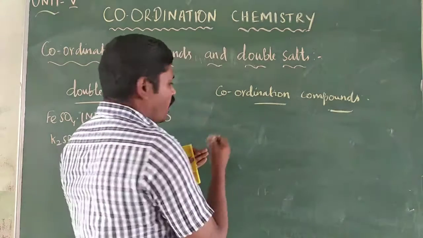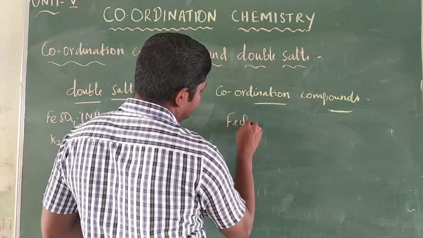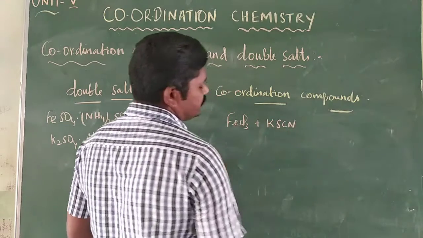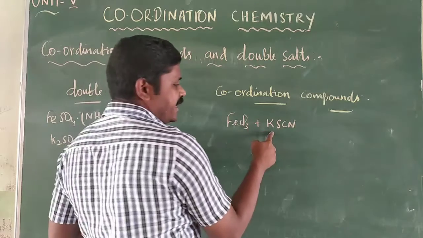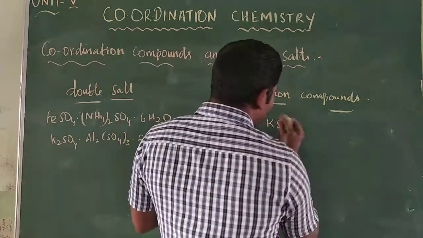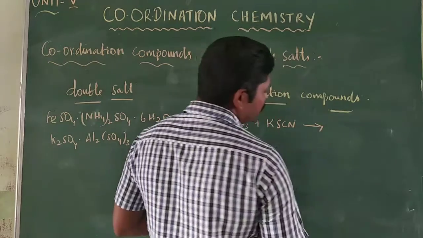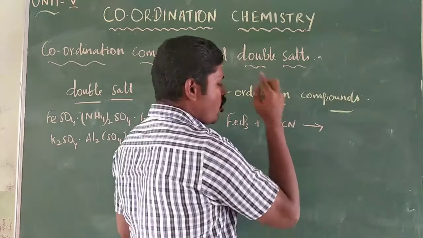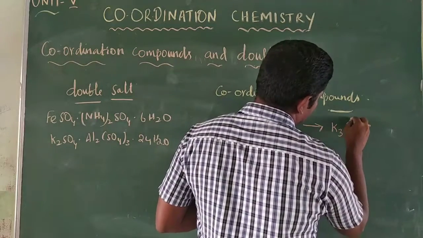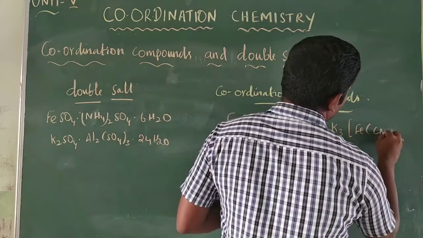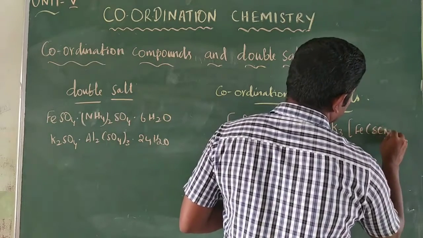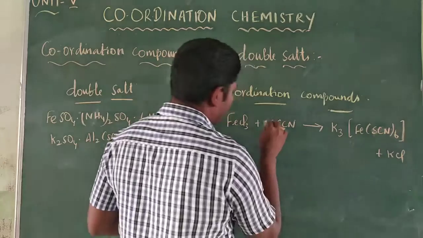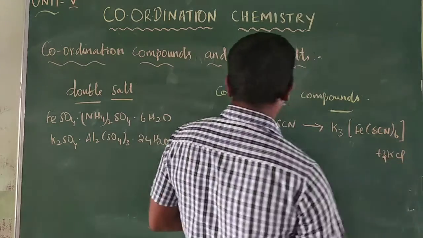Okay, the two simple salts, ferric chloride and potassium thiocyanate. Ferric chloride and potassium thiocyanate are mixed together to give the blood red colored coordination complex, potassium ferrithiocyanate, plus 3KCl.